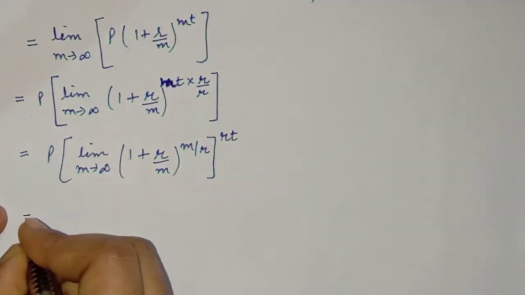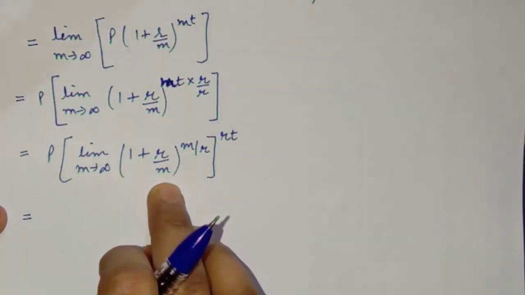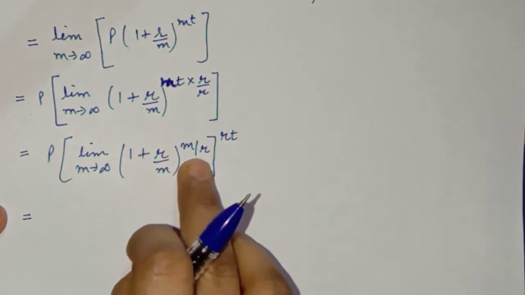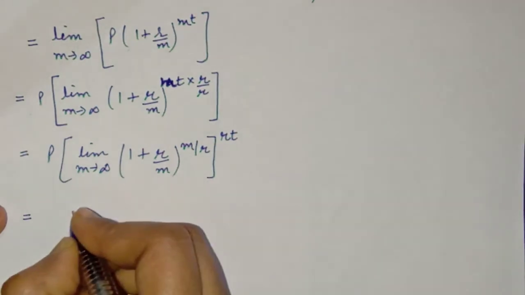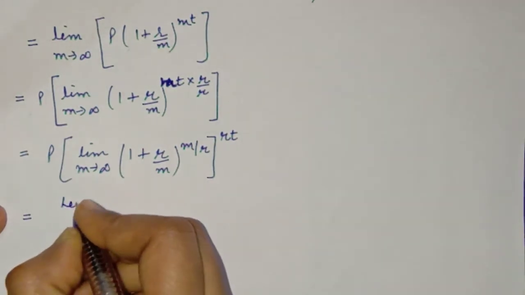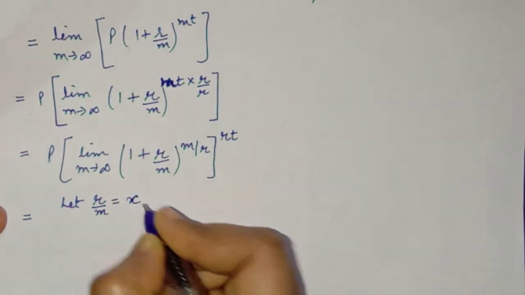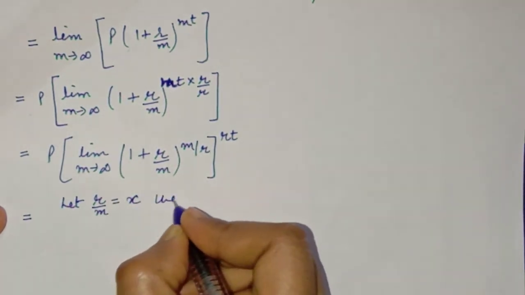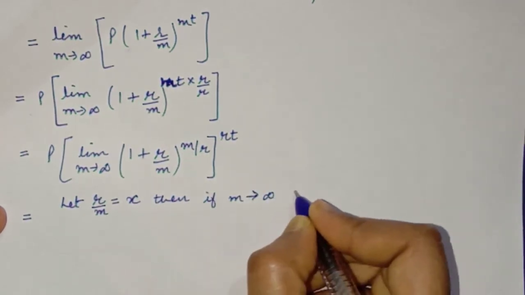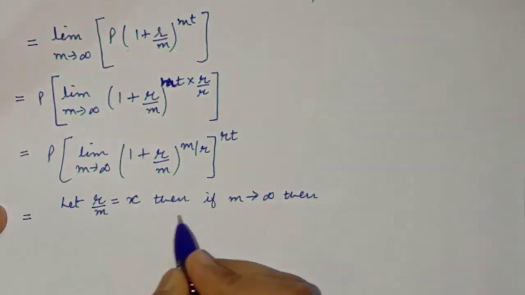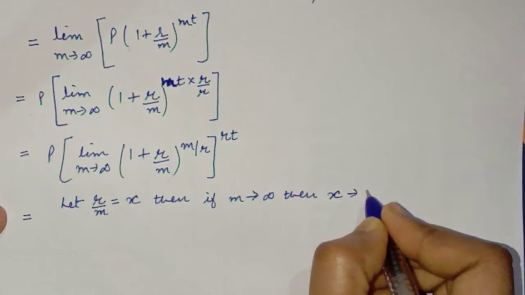After this, we know that this is r upon m and outside we have m upon r. If we let r upon m equal x, then if m is tending towards infinity, x will tend towards 0.